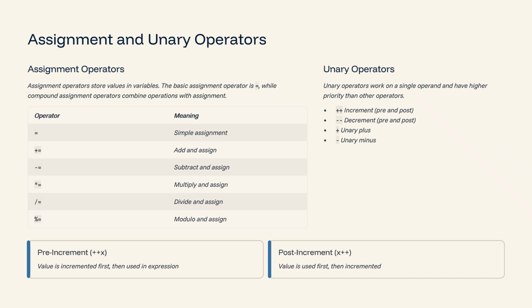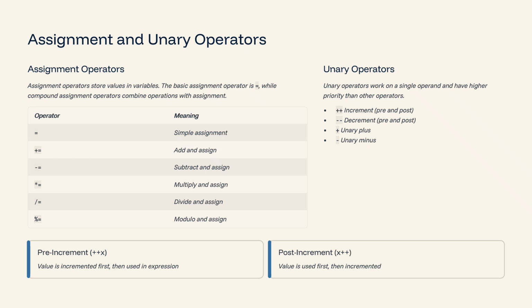Now we'll have a look at increment and decrement operators, that is, the unary operators. Unary operators work on a single operand and have higher priority than other operators. You have plus plus, which is called increment, and the other one is minus minus, which is the decrement operator. Plus is a unary plus, and minus is a unary minus.